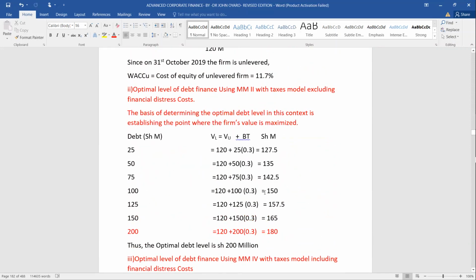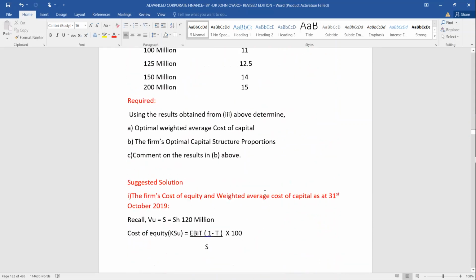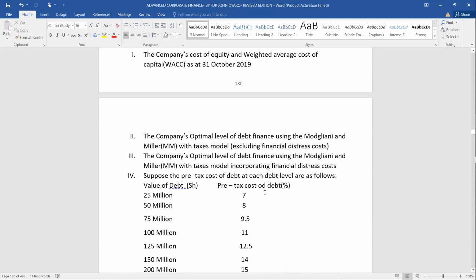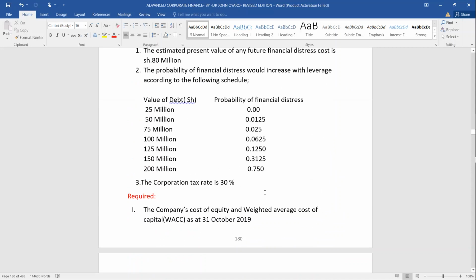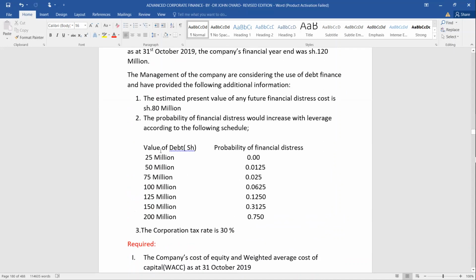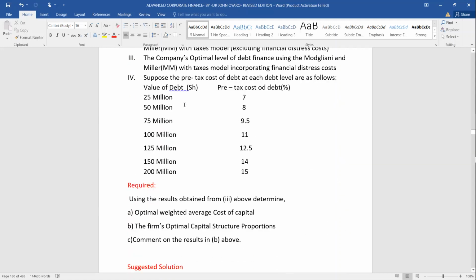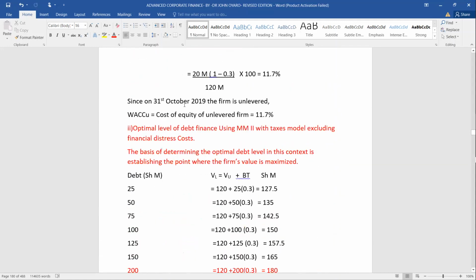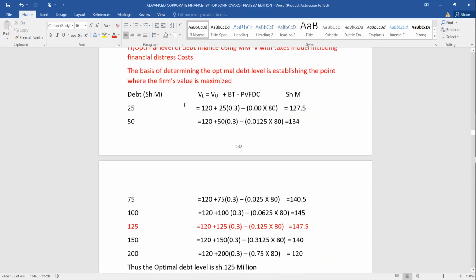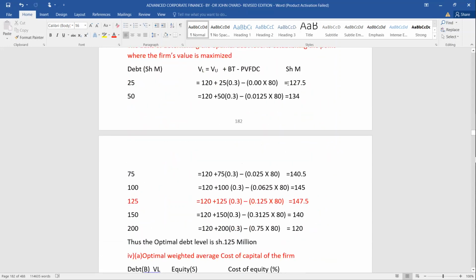The 80 is given in the question, in the additional information: the estimated present value of any future financial distress cost is 80 million. If the probability of financial distress is 0, then 0 times that means financial distress costs at 25 million debt is 0. So here there is no financial distress, and your value does not change.